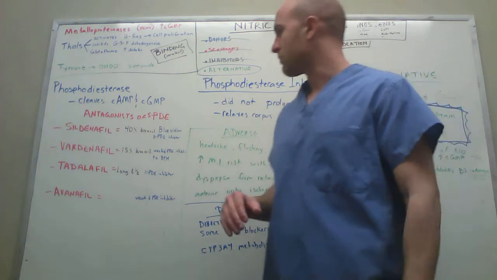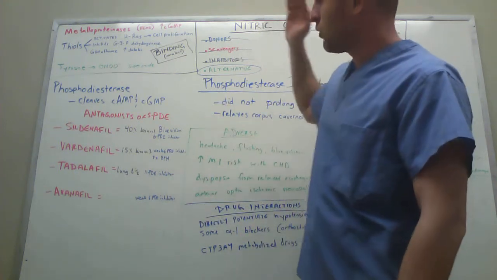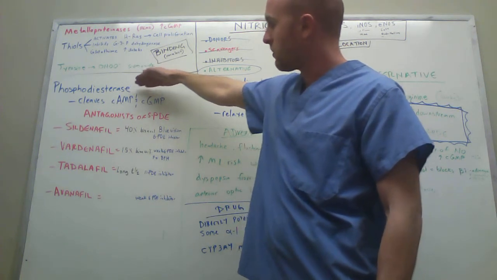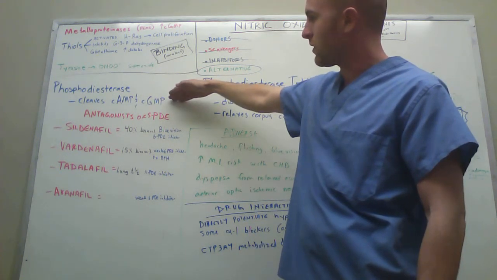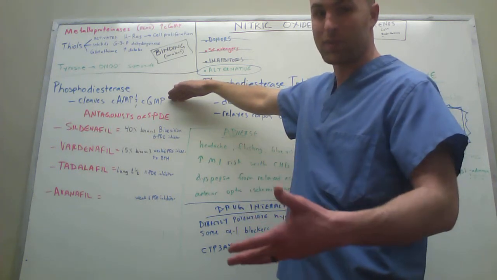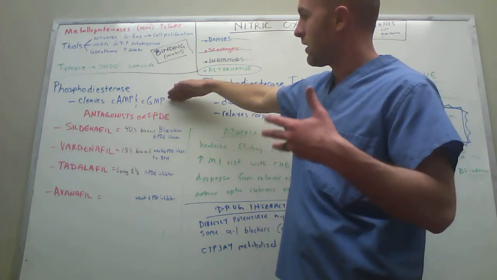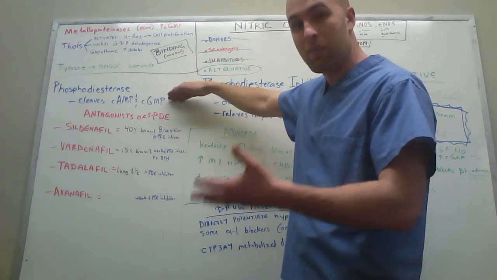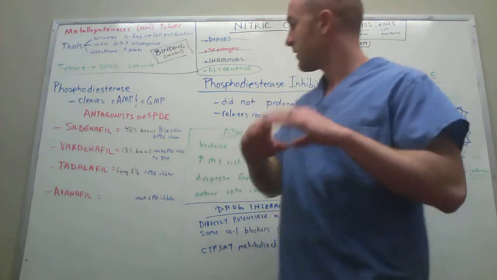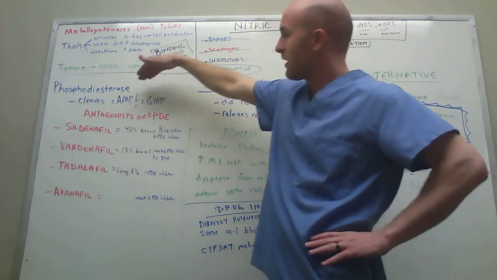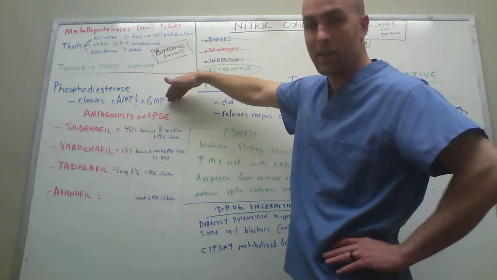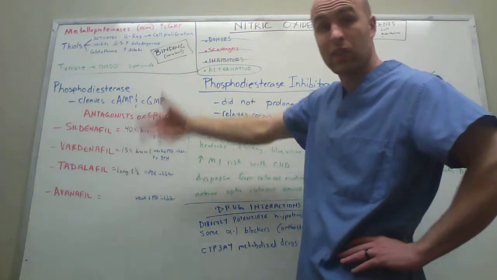Okay, so if you inhibit the enzyme that breaks down cyclic GMP, this is a lot of multiple steps to think about, and you know that cyclic GMP is what causes vasodilation, then inhibiting the thing that breaks it down is the same as increasing the amount of circulating cyclic GMP.